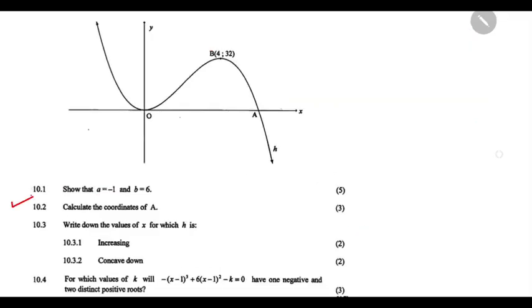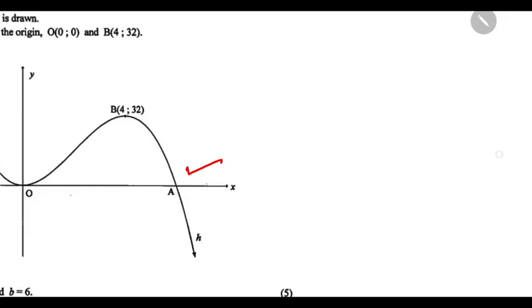Now question number 10.2, he says calculate the coordinates of A. So he is looking at the x-intercept of A. Remember, now we have h of x is equal to, because the a value we found is -1, -x cube, and in place of b we substitute 6, so plus 6x square. So this is our original function.